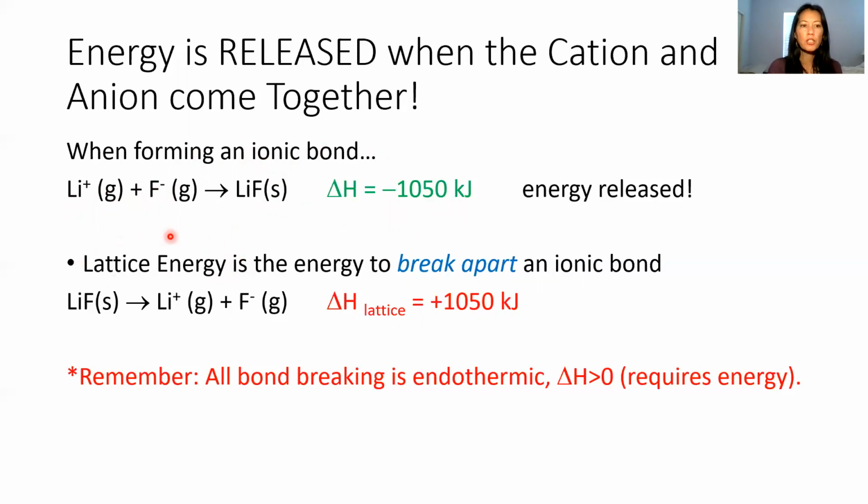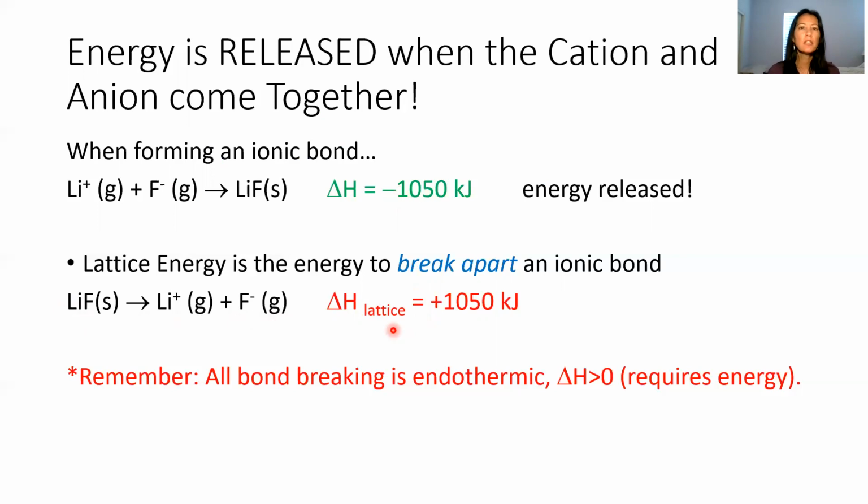There's some language you need to know called lattice energy, and the lattice energy is actually the opposite sign of this. It's defined as the energy to break apart an ionic bond. So if I take LiF and break it apart, that costs energy, so it's just the positive of that number, and it's given as delta H lattice.